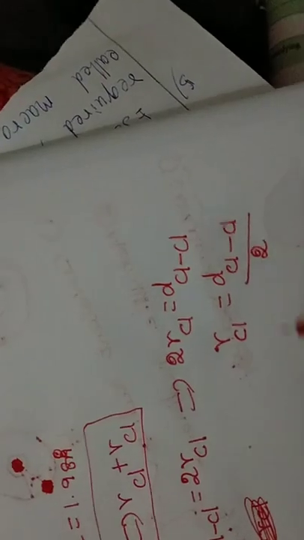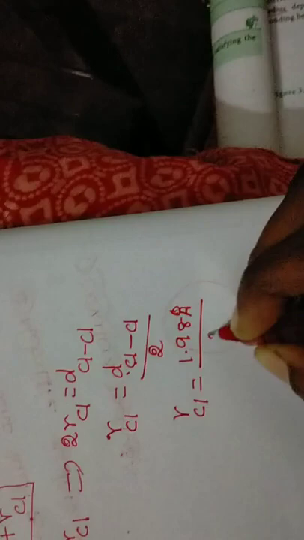Then what is the next step? We should calculate RCl. So RCl equals D Cl single bond Cl divided by 2. What is the value of D Cl single bond Cl? It is already given in the experimental data, 1.98 angstrom. So apply that value in this formula: 1.98 angstrom divided by 2.